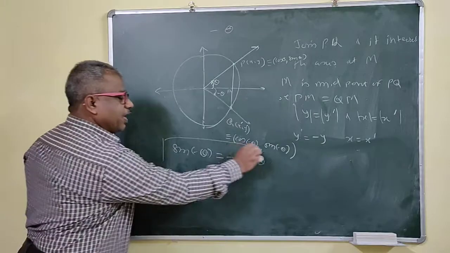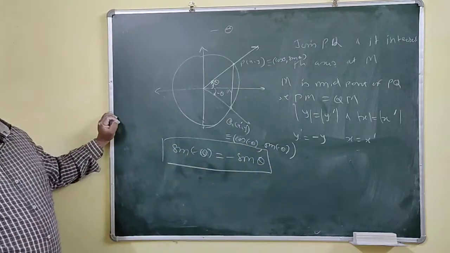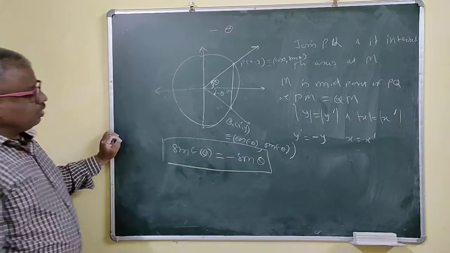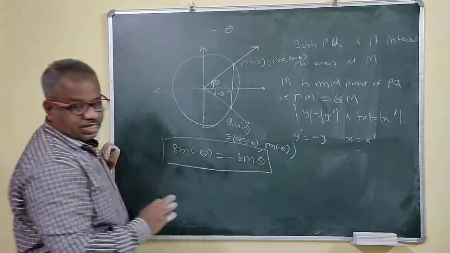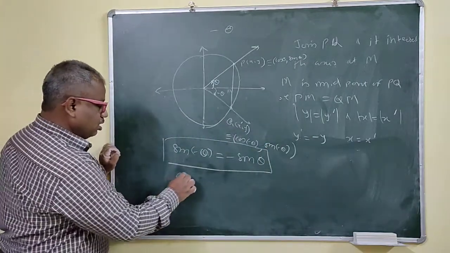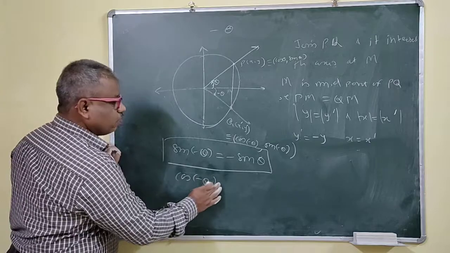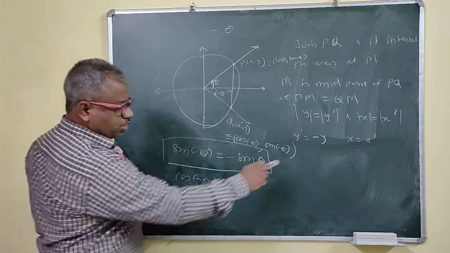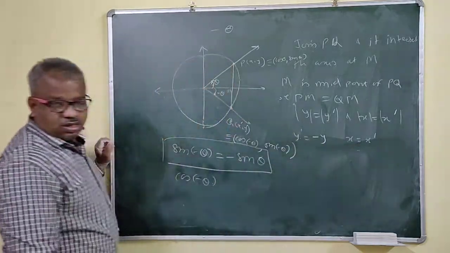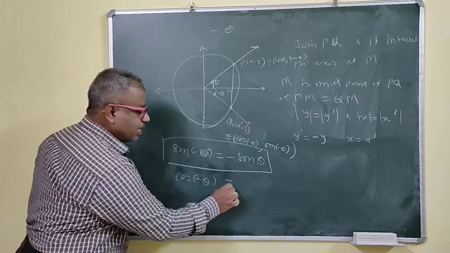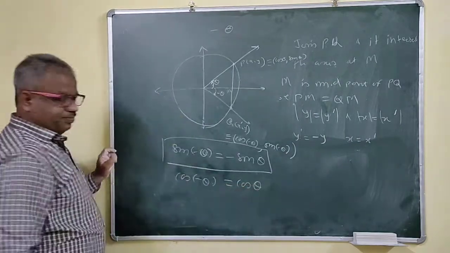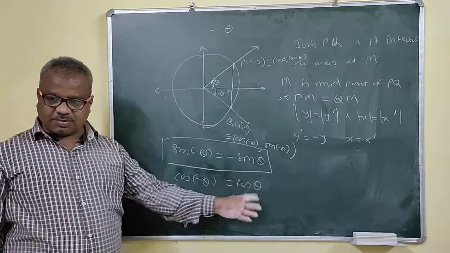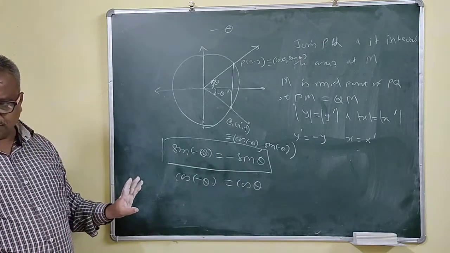Now x is the same as x prime. X prime is cos minus theta, and x is cos theta. So cos minus theta is the same as cos theta.